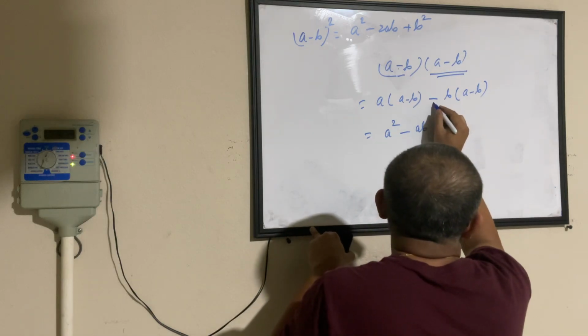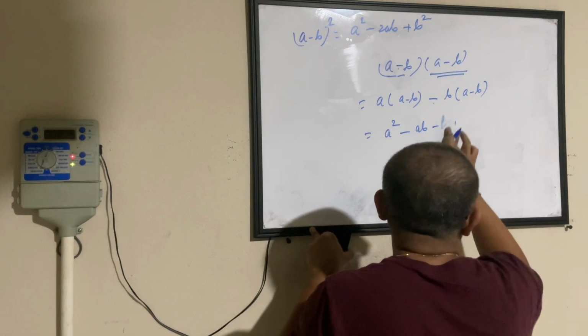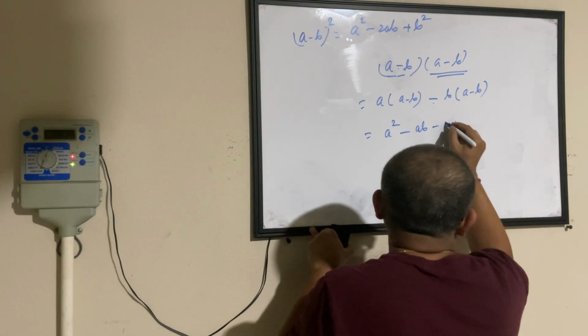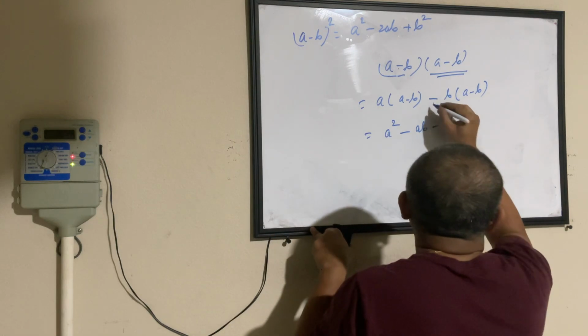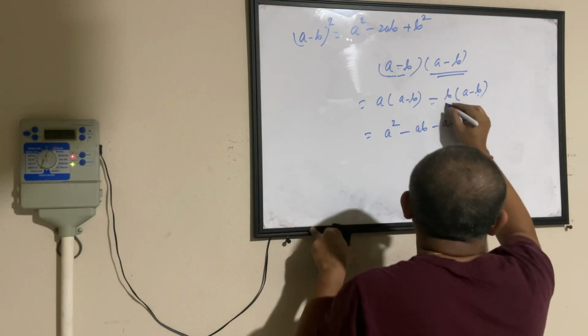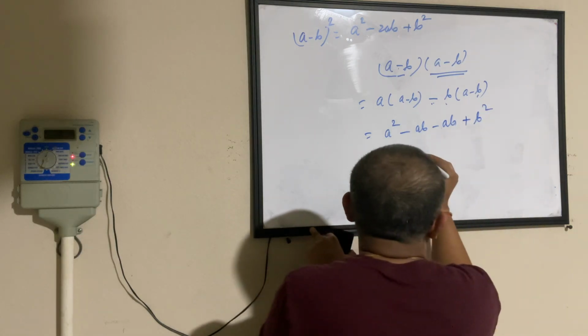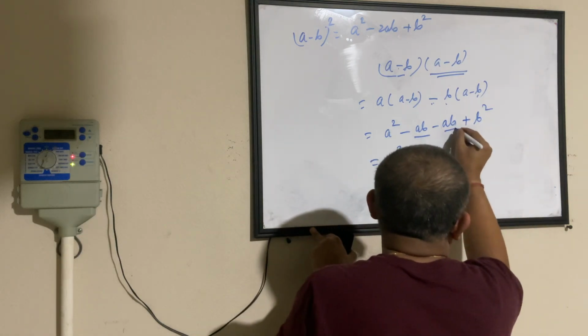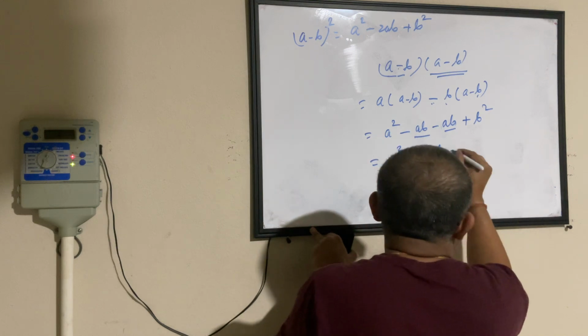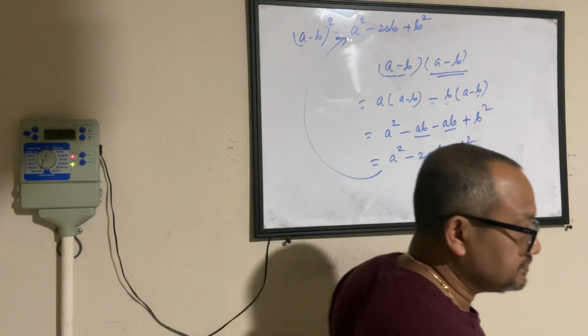Again you have minus B into A, so minus BA, or you can write this as minus AB, same thing. 4 into 7, 7 into 4, same thing. Minus B into minus B, so minus into minus becomes plus, B into B becomes B squared. What happened? A squared minus AB minus AB, which is minus 2AB, plus B squared. Same thing.